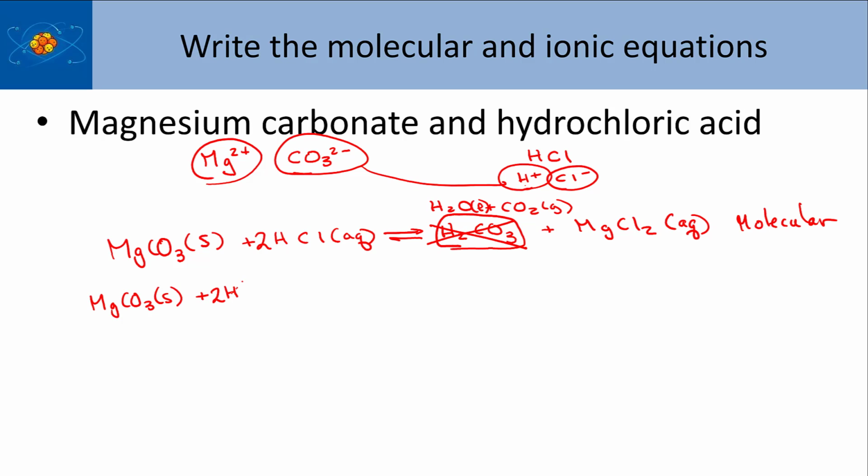And so I get 2H plus, 2 Cl minuses. That makes H2O liquid plus CO2 gas plus magnesium 2 plus 2 Cl minus.